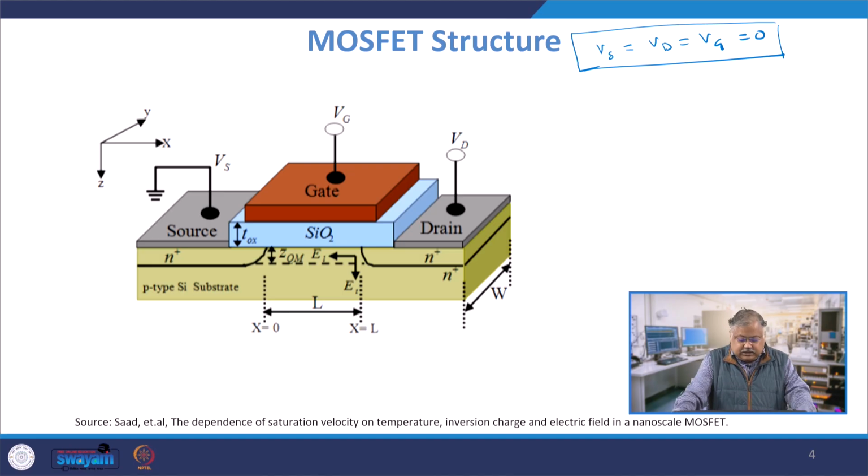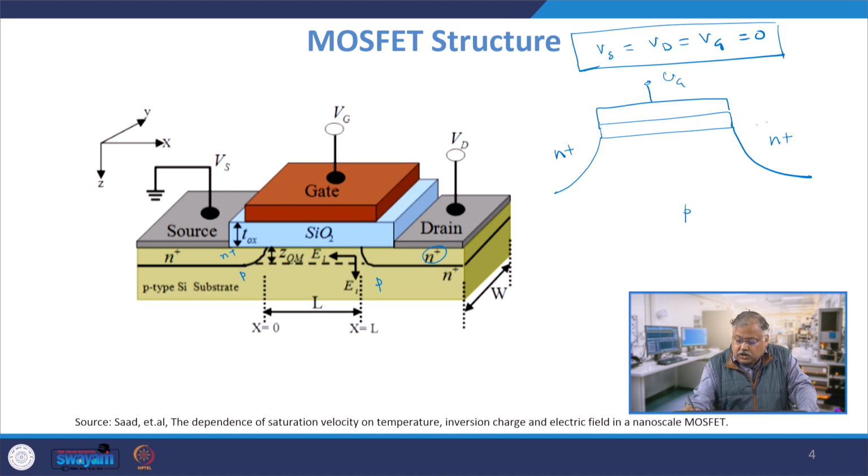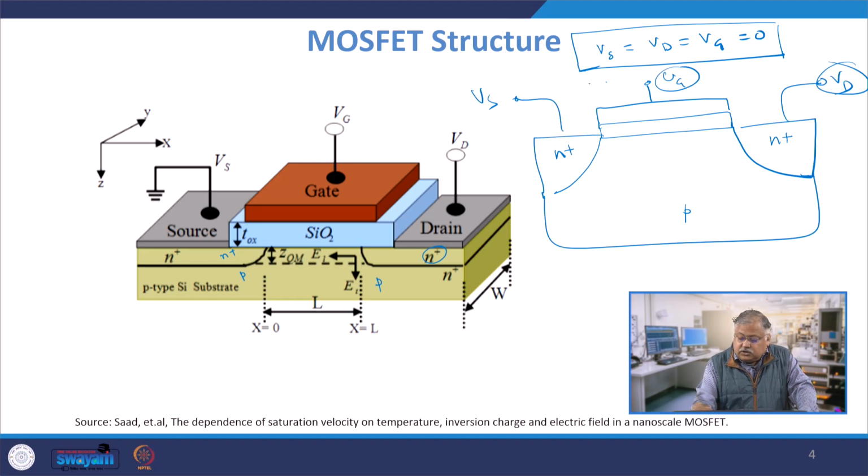Under no bias condition, this N plus with this P region and this N plus with this P region will actually form a depletion region. So this is N plus, this is P, this is N plus. You haven't applied any bias here. This is the gate and this is the drain and this is the source, let us suppose. You haven't applied this or this.